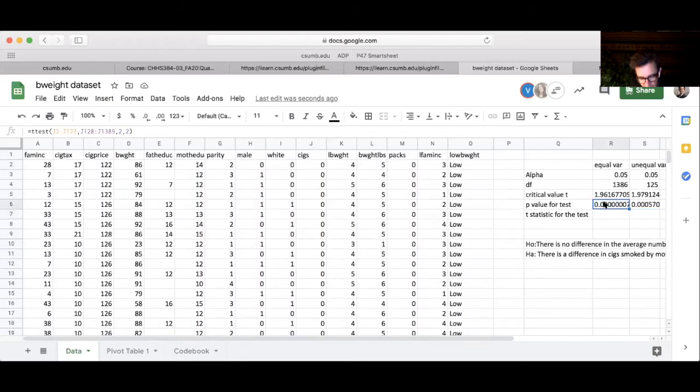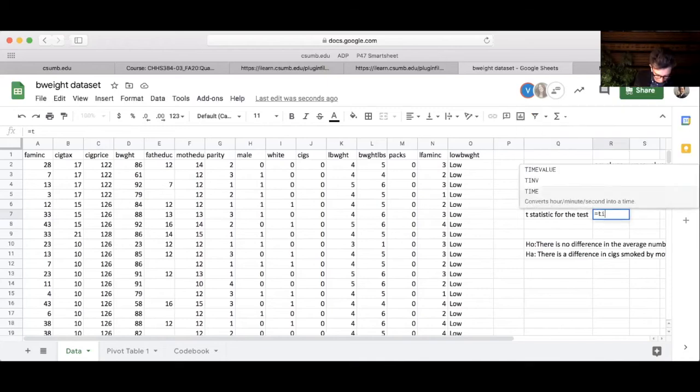Again, the p-value is the probability that you would get a t-statistic as large as the one you did if the null was true, right? But we don't know exactly what that t-statistic we got is because Excel is keeping it in the back, behind the curtains. So we're going to ask Excel, what was the t-value that you got, right?